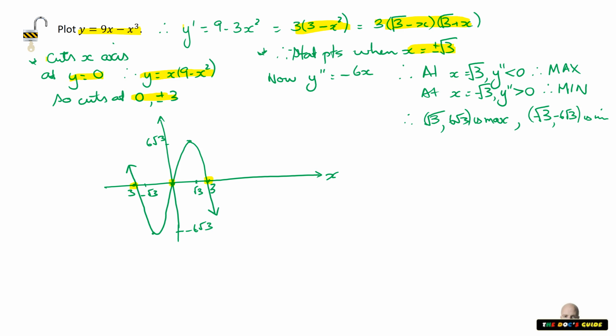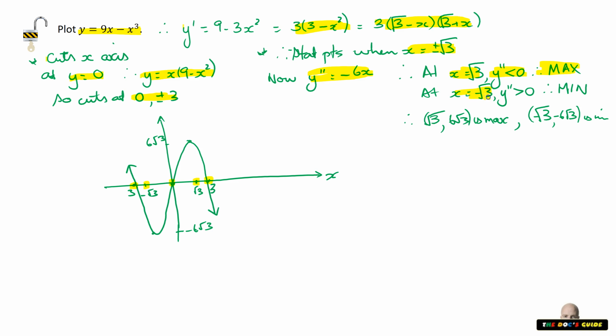So what's the nature of these stationary points that occur here and here? Well, if we can find the second differential easily enough, which we can here, then we see what the second differential does at these stationary points. So where x equals plus root 3, that second differential is a negative, which means that we've got a curve which is concave down, so it's a maximum turning point.